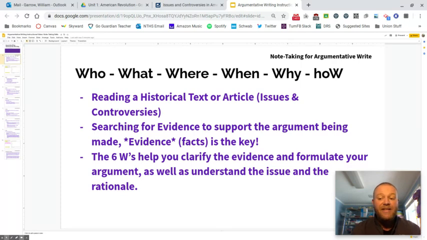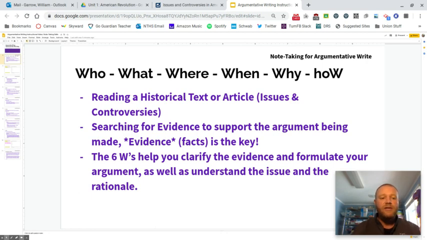And that evidence is what is going to convince the reader to agree with you when you get to the argumentative write, when you're writing that paragraph or that essay, whatever it is. Okay? The 6 W's will help you clarify it and formulate your argument, and it gives you a better understanding of the issue, what happened, the issue itself, and the rationale behind the response to the issue or whatever the event might have been. Okay?